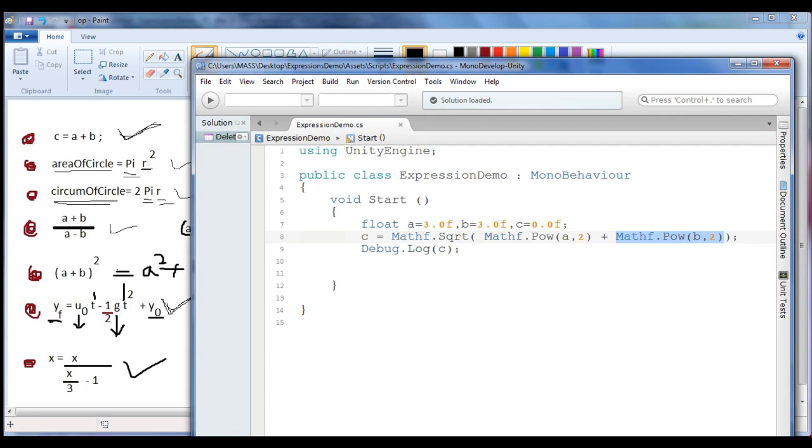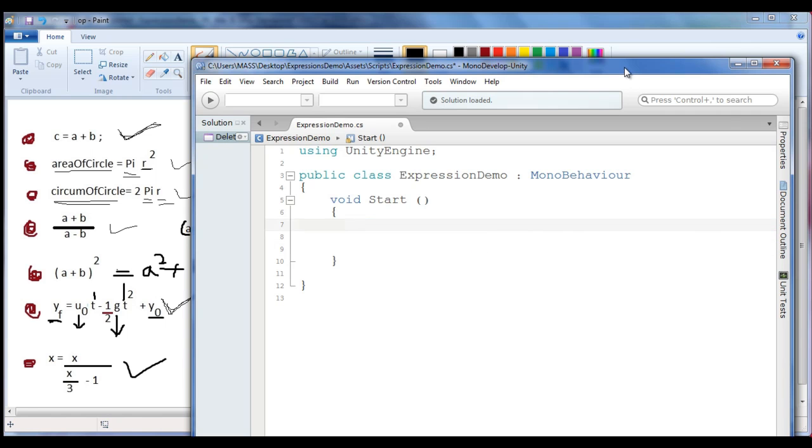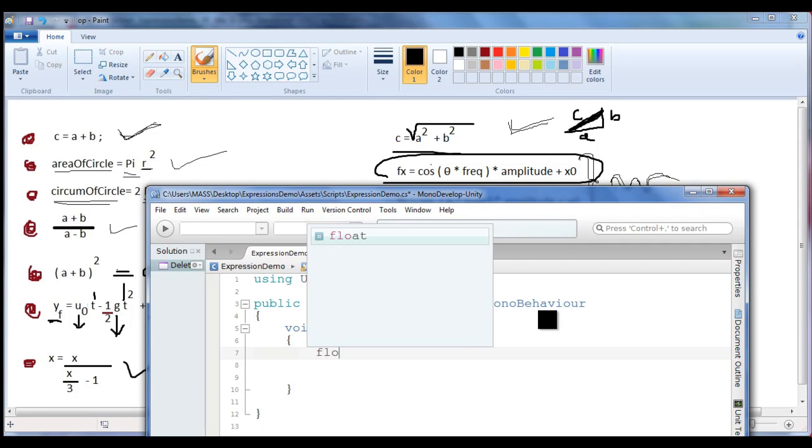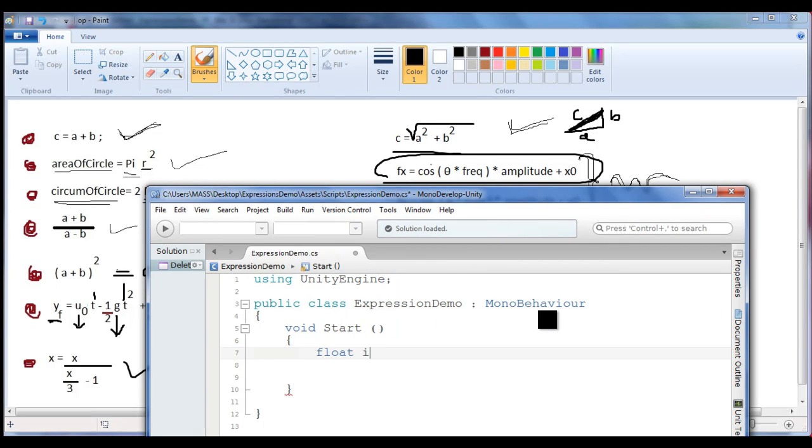Okay, let us write. I'll write the expression over here first. I create float variables: initial x position, final x position, then a theta variable, a frequency variable, and an amplitude variable. These are the variables we need.